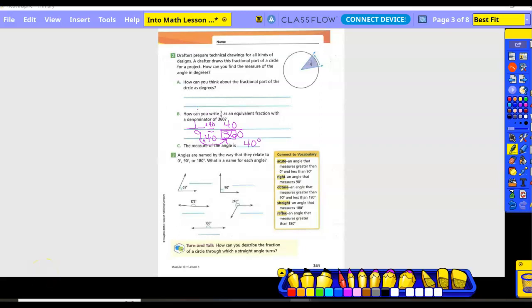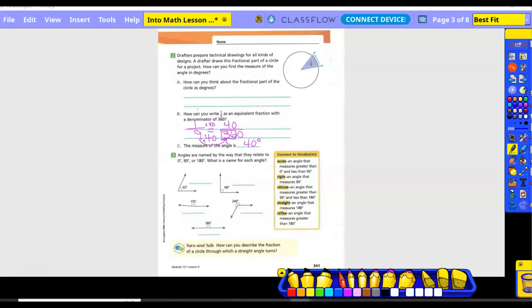Okay, real quick, connect to vocabulary. Acute, an angle that measures greater than 0 degrees and less than 90 degrees. Number 3, angles are named by the way that they relate to 0, 90 degrees, or 180 degrees. What is the name of each angle? So once again, show me a straight line with your arm. Okay, show me a right angle with your arm.